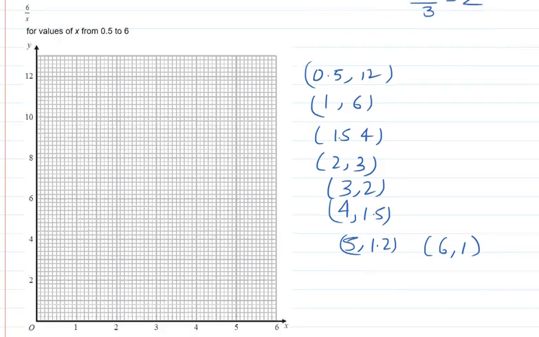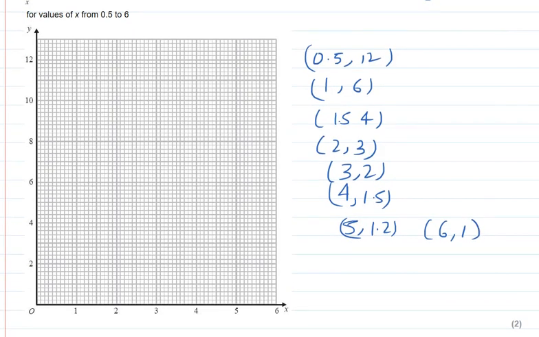So let's plot this. So 0.5 and 12, so this will be 0.5 and it is 12, then 1 and 6, so this is 1 and 6, then 1.5 and 4, then 2 and 3, then 3 and 2, then 4 and 1.5, 5 and 1.2, and 6 and 1.